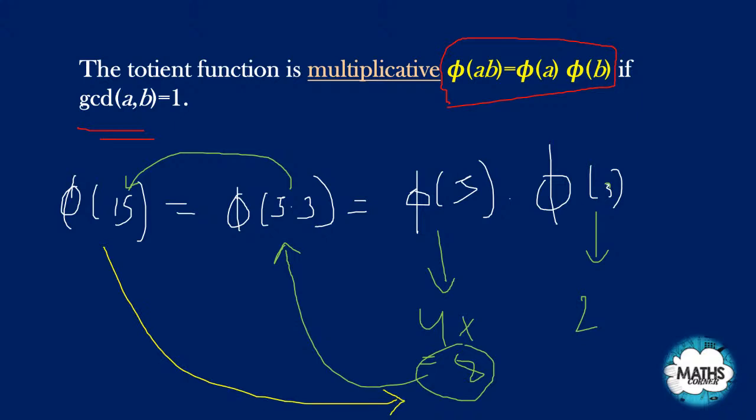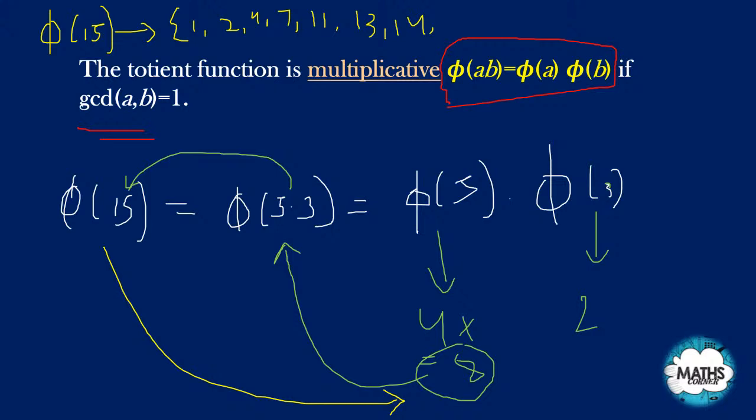So I get the value of phi of 15 to be 8. Now let me calculate this by the counting method that we have learned before. My phi of 15 will be the number of numbers which are less than 15 and co-prime to 15. 1 is co-prime to 15, 2 is co-prime, then 4, then 7, then 11, then 13, and 14 is also co-prime to 15.